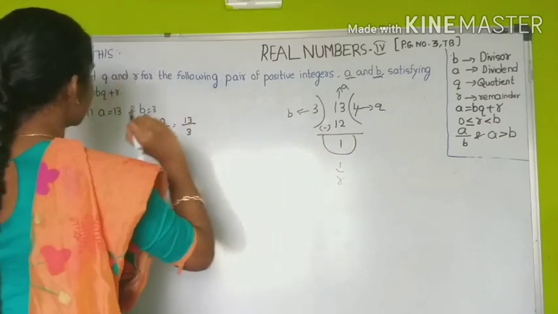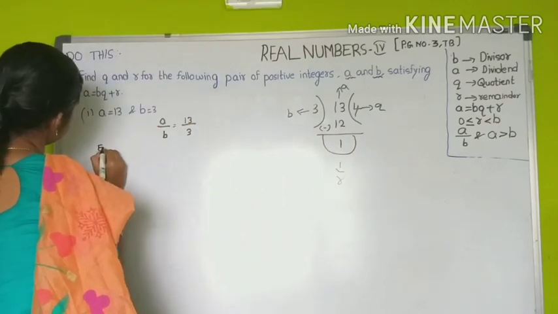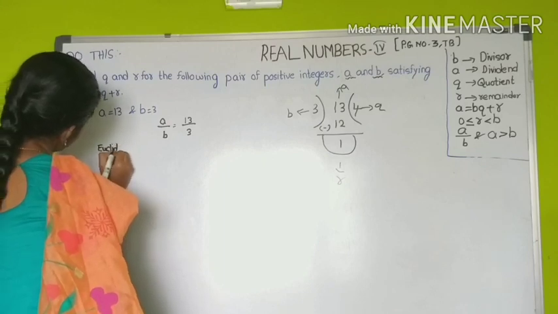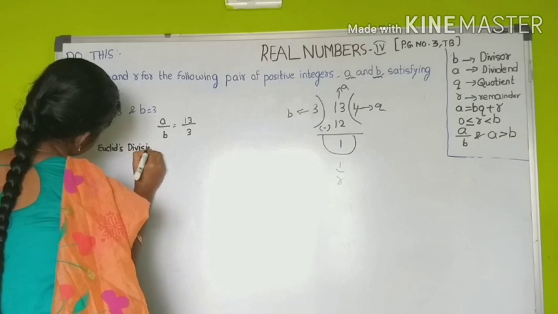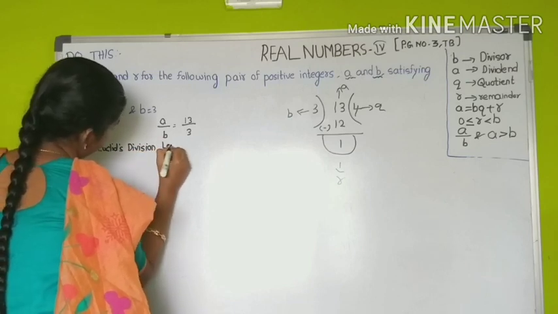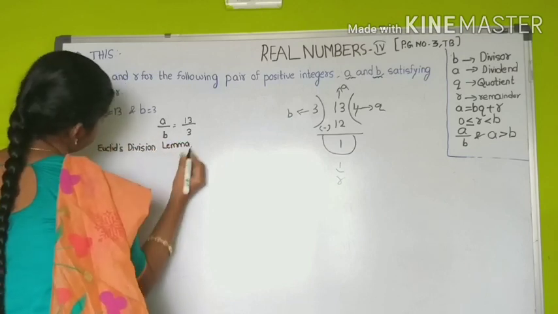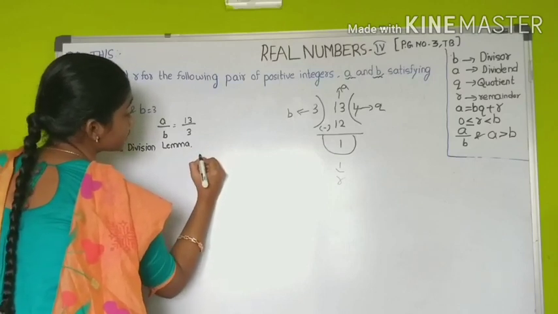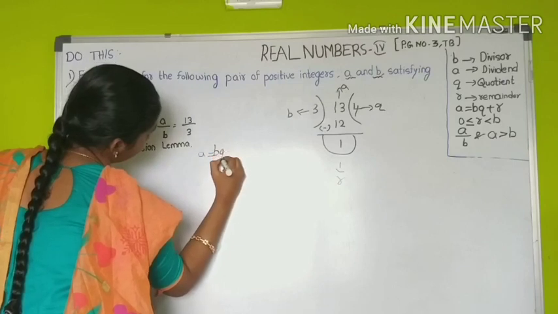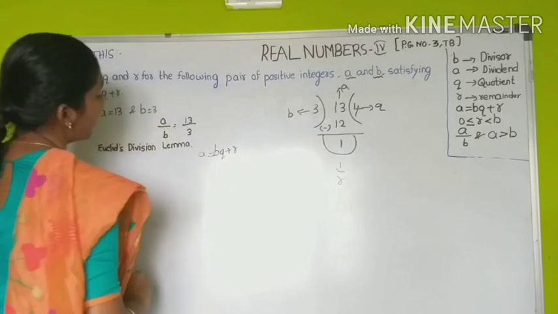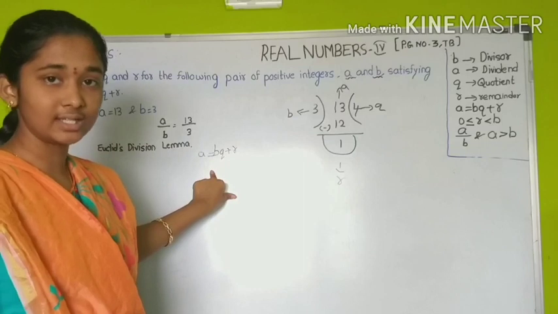And we now write Euclid's division lemma. What is the equation for Euclid's division lemma? That is A is equal to B into Q plus R. And always highlight this equation with a box when we write it in the exams.